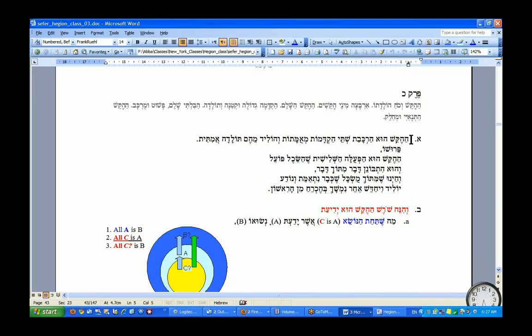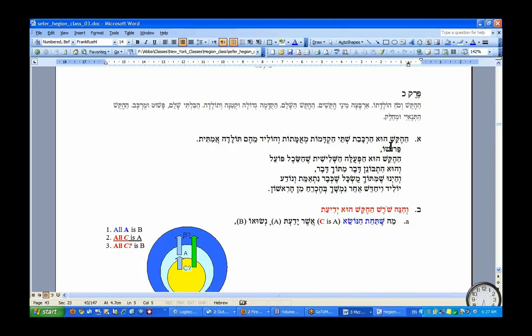But the Ramchal is telling us right here in the first line, a very important opening, that he's going to be dealing with syllogisms that are true. Later on, he'll tell us all sorts of problems in making syllogisms. But right now, he wants to demonstrate how to build a correct syllogism, and that's what he's going to be talking about. Here's his explanation.